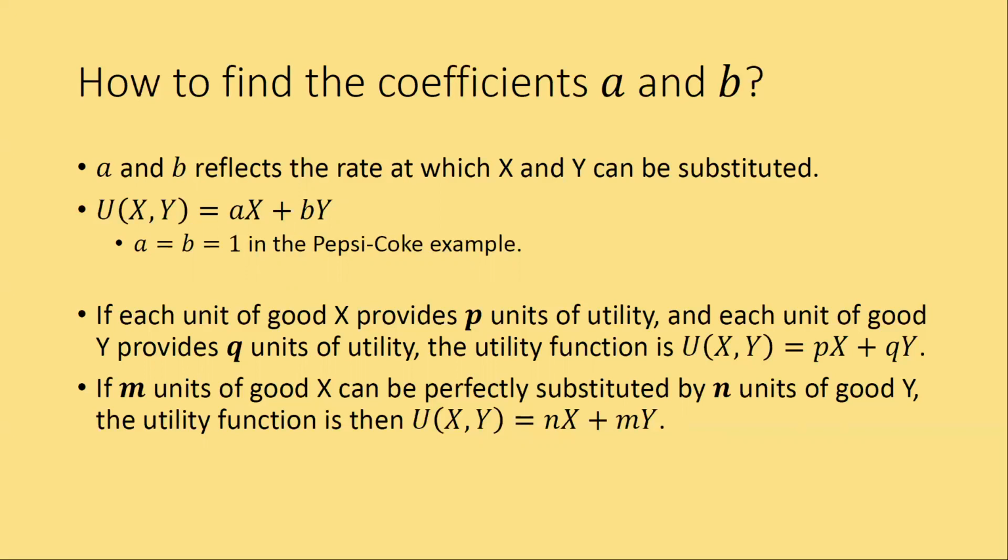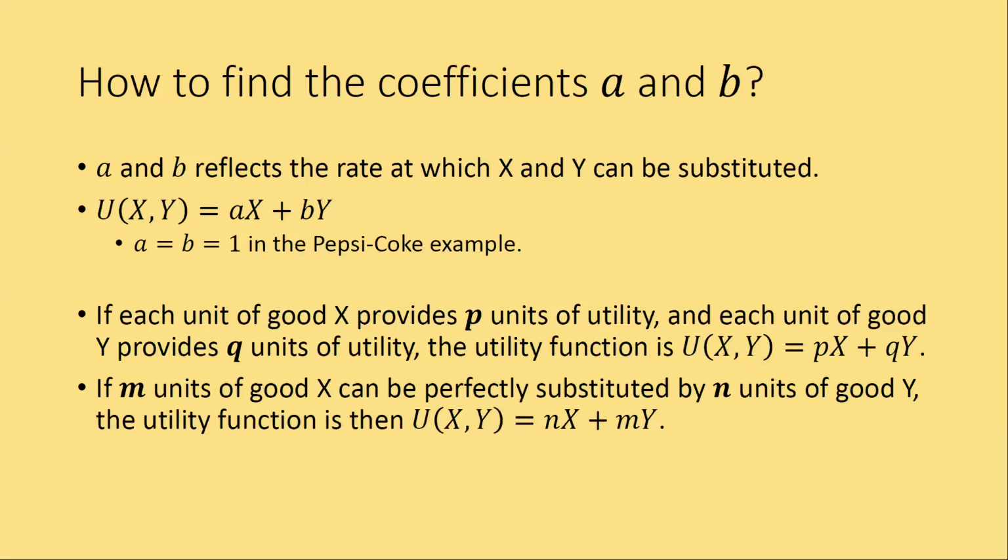There are two ways of saying this. The first is saying that if each unit of good x provides p units of utility, and each unit of good y provides q units of utility, and those two are perfect substitutes, then the utility function can be written as u(x,y) equals px plus qy.